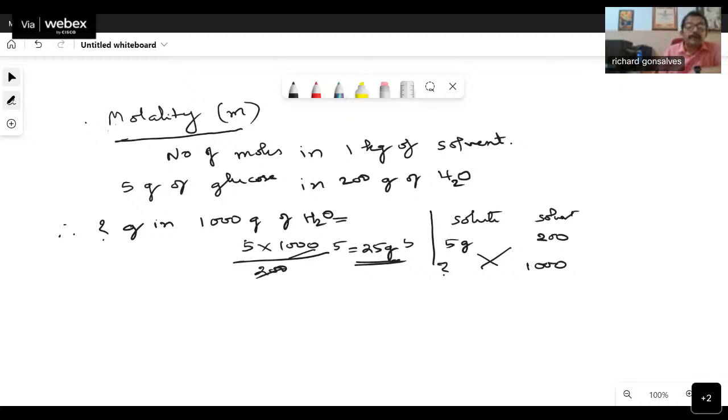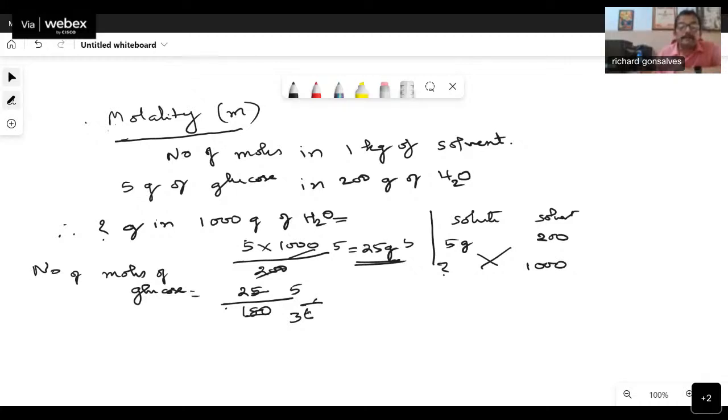Now, how many moles will it be? Number of moles of glucose is 25 grams divided by molar mass of glucose, 180. This formula you have to find out and do it. I will help you to do that. 5 is the 25, 5 3 is the 15, 5 6 the 30.